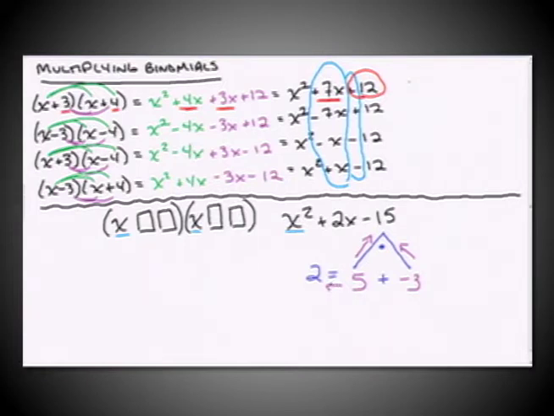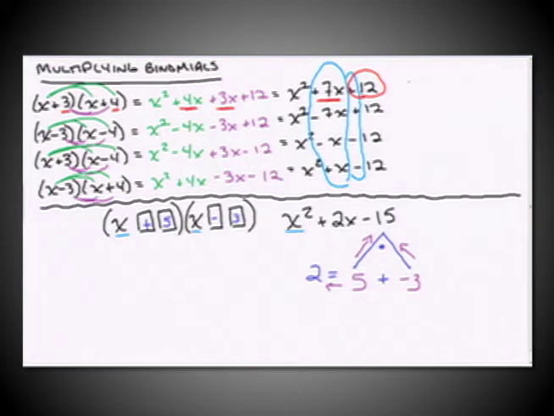And from here, the rest is quite simple. You take the factors that you found and simply put them into the form that you created to begin with. So I have a factor of positive 5 and negative 3.